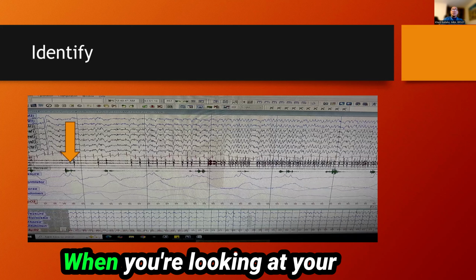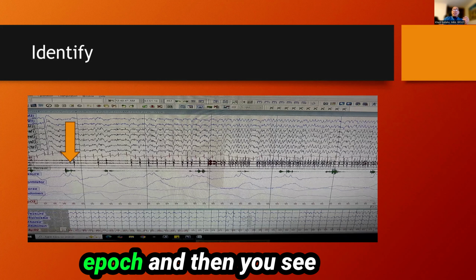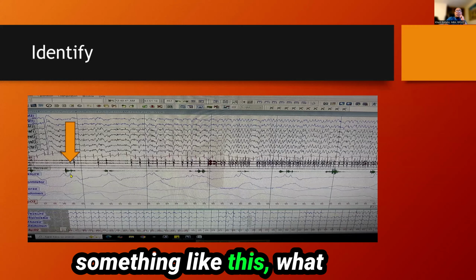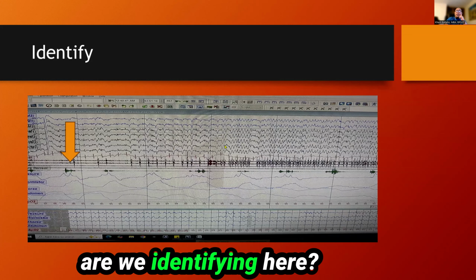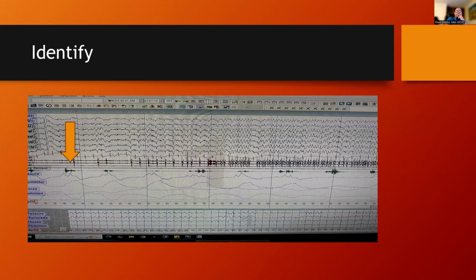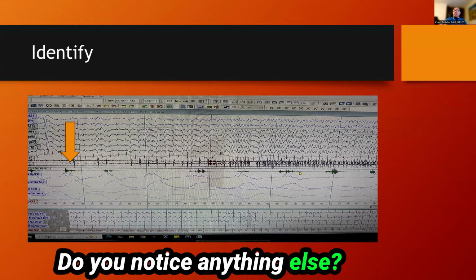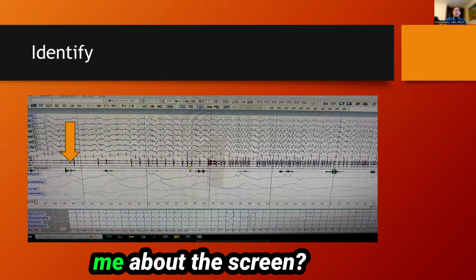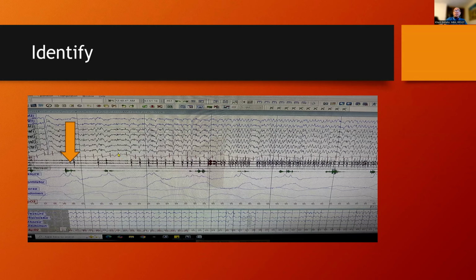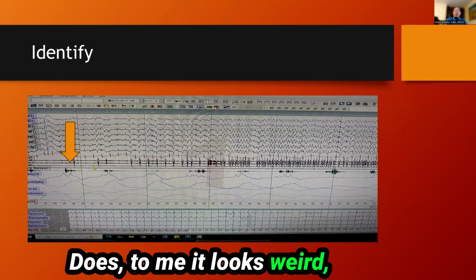How about this? When you're looking at your epoch and then you see something like this, what are we identifying here? Snore. Yes, very good. You got your snore. Do you notice anything else? What else can you tell me about the screen? Because to me, it looks weird.